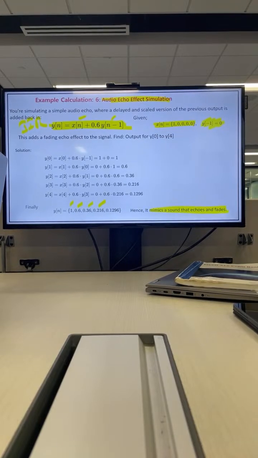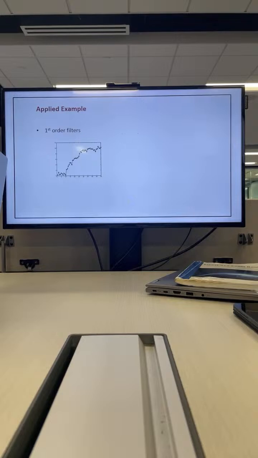In your digital filter, if you give a data of 10000, you get the digital output 1, 0.6, 0.36, 0.216. So it is nothing but an echoing of this one, and then it fades away. So this is the effect of these digital filters.